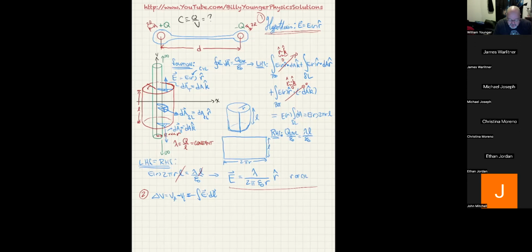So I'm going to integrate from the right-hand wire to the left-hand wire, from R to left. That's just the way I'm going to integrate in hopes that it gives me a positive quantity, and therefore I can check my understanding of voltage and check my math and all that good stuff.